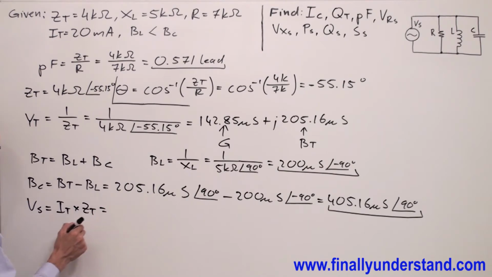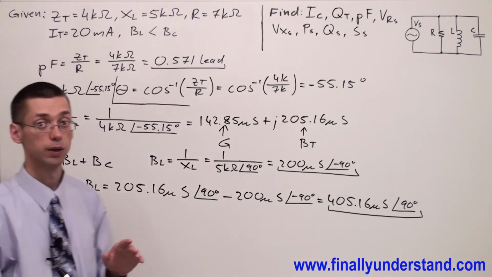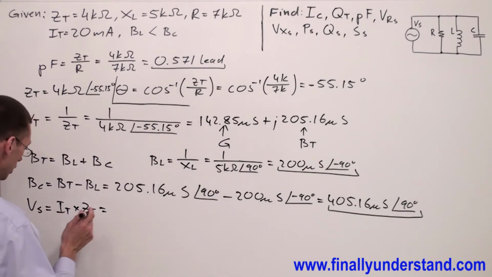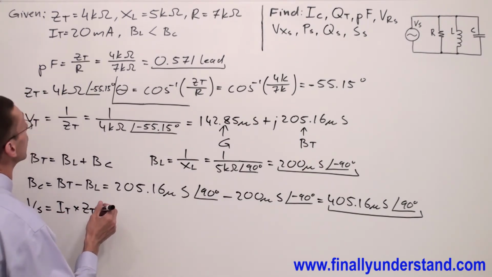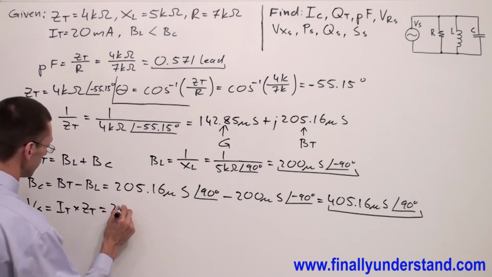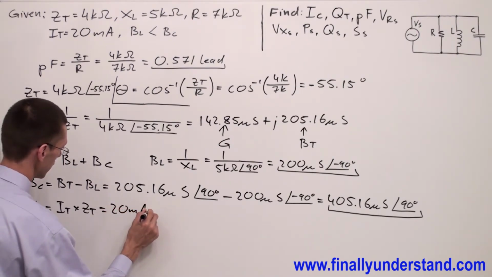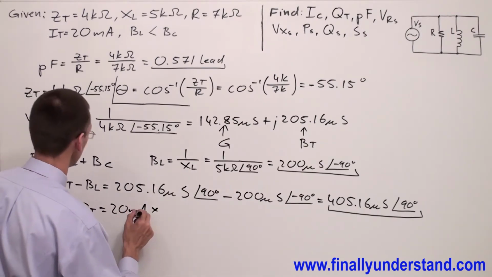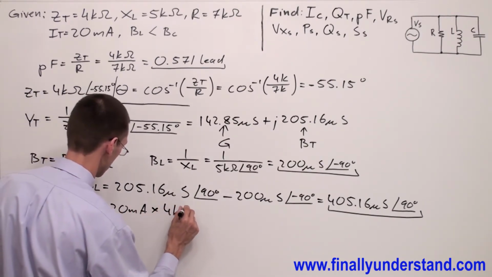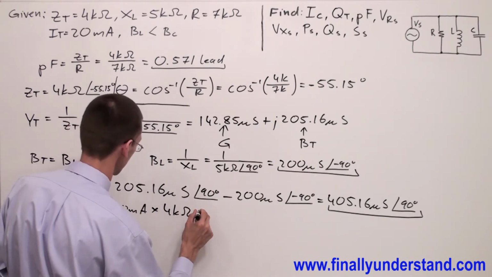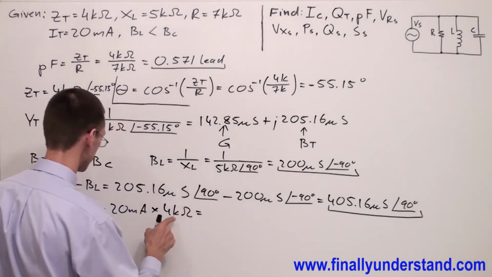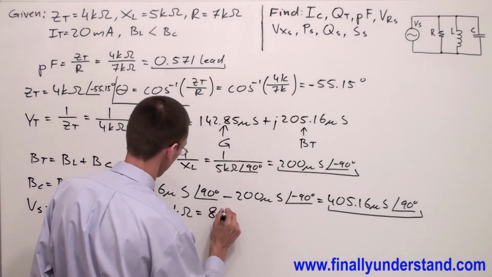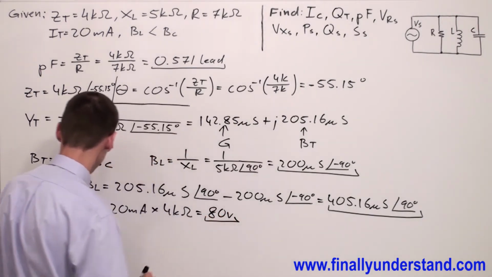Okay, I'm not going to include the angles right now for my current and Z total because I want to keep my voltage source with angle of 0 degrees. So I have 20 milliamps times Z total, which is equal to 4 kiloohms. Right? So this is equal to 80 volts.